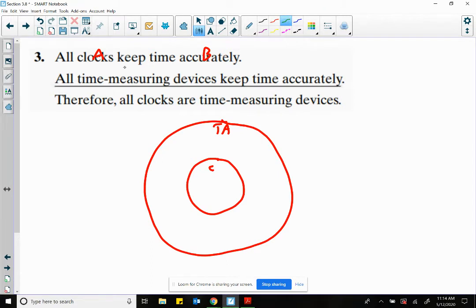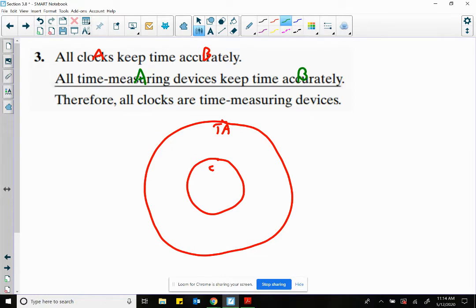All right. All time measuring devices keep time accurately. So again, this is an all A are B. So our A in this one are time measuring devices, and our B is the accurate time.